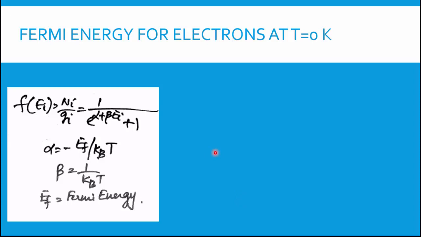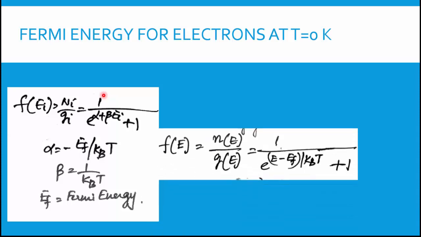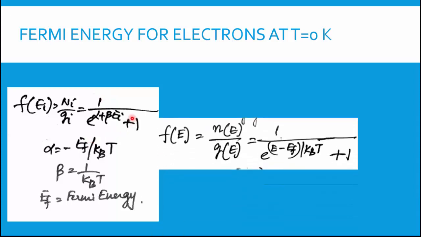Now, on your screen, you have the distribution function formula for electrons, which we studied in the previous lecture. The distribution function formula is Ni by Gi equals 1 by e to the power of alpha plus beta Ei plus 1.